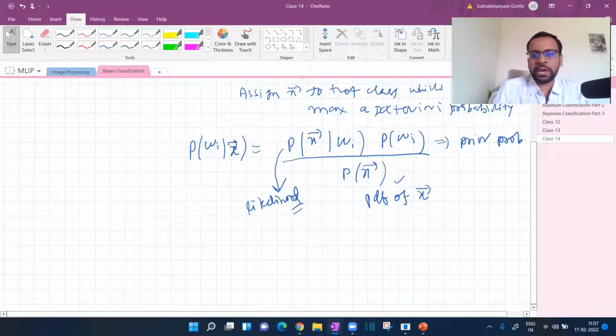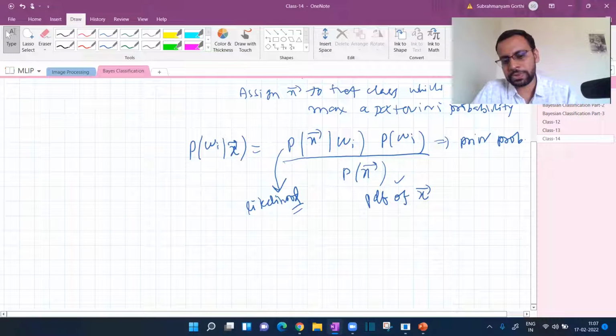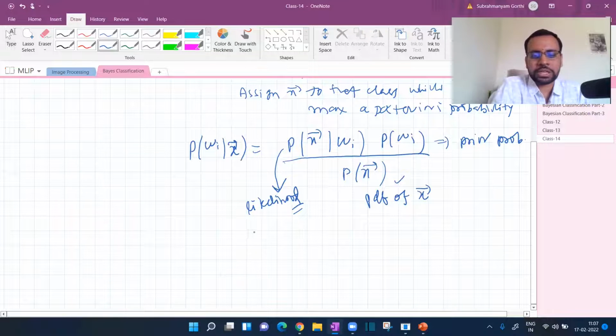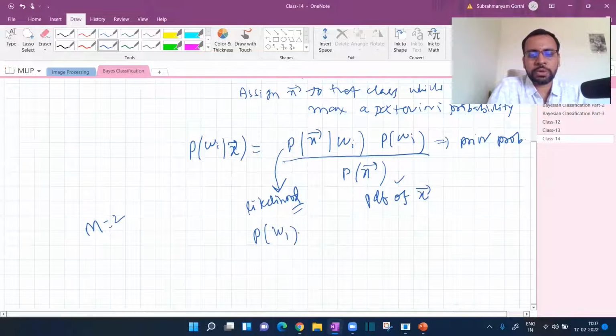We then made some assumptions and some more inferences. One special case we considered is when you have two classes and P of omega 1 equals P of omega 2 equals 1 by 2.